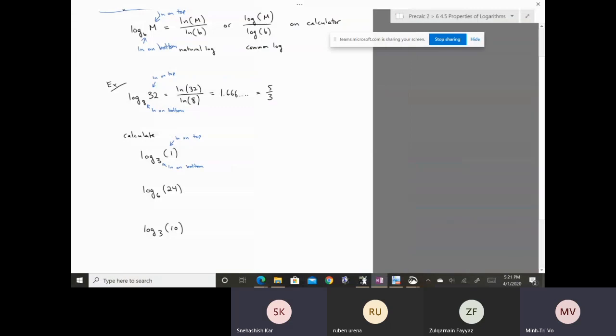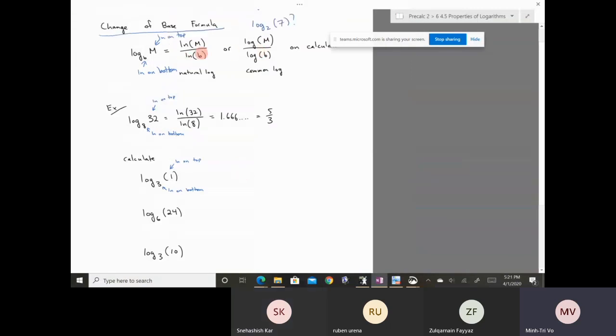Okay. So when you're using the change of base, it doesn't matter which of these two you use. But what if it was an expression that had a natural log and a common log? Then it needs to be separated, right, if there's an expression with the common and the natural log.